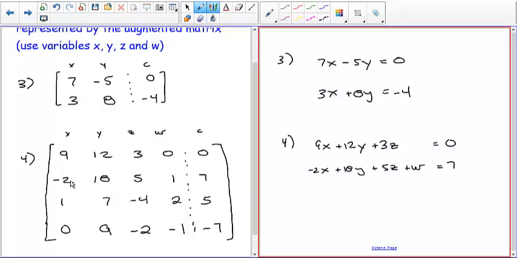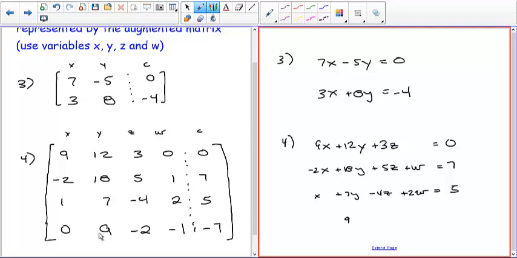Okay, so -2x, 18y, 5z, 1w, 7. Okay, the next one we have 1x, so I'm just going to put x, plus 7y minus 4z plus 2w equals 5. And then here we have a 0, so we leave that blank.